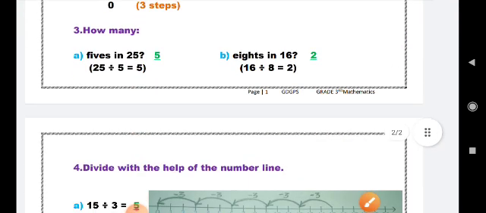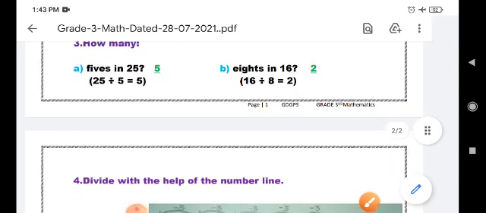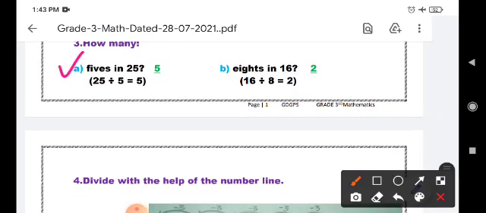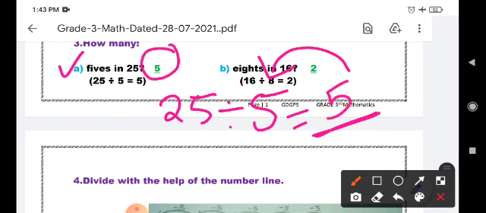Now, our question 3. How many 5s in 25? That means you are going to divide 25 by the number 5. So, we know what we multiply with 5 in order to get 25. That is 5. That is one trick to answer this question.